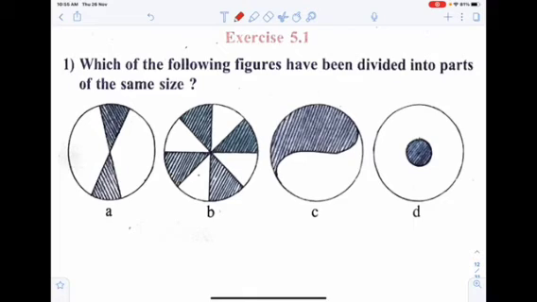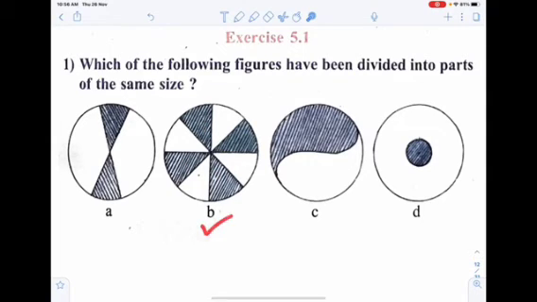See, considering the first one, it is not equally divided. All these 4 parts are not divided equally. So this is not the option. Now considering the second figure, it is divided into 1, 2, 3, 4, 5, 6, 7, 8 equal parts and 4 parts are shaded.